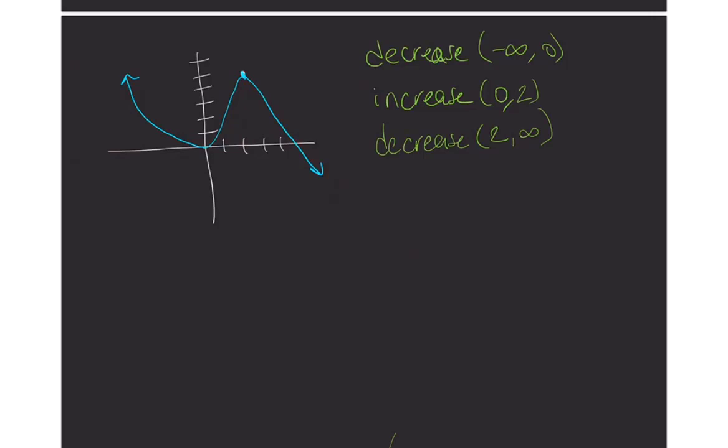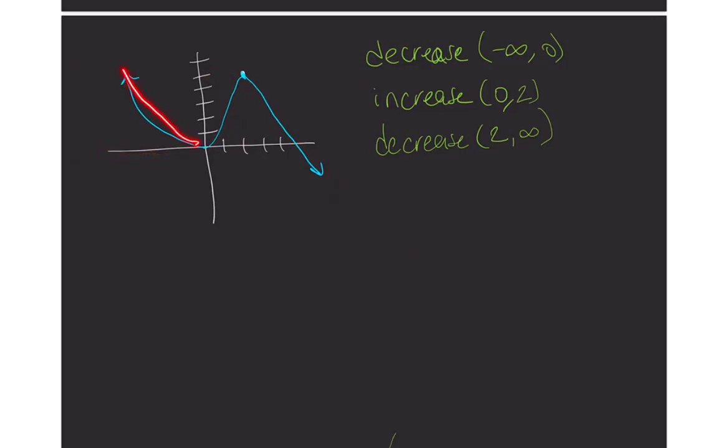Think you guys are good on figuring these ones out? Well, my y value is at 5, right? But when I'm looking for where I'm increasing and decreasing, that's me going along the x-axis.